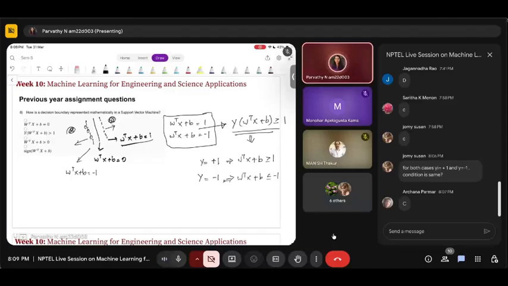So these two conditions can be represented by this one equation. That is why we write it this way. So the answer is B, which is y into W transpose x plus b greater than or equal to 1.